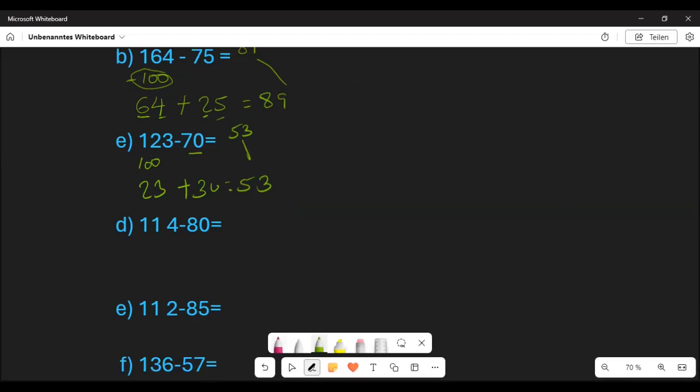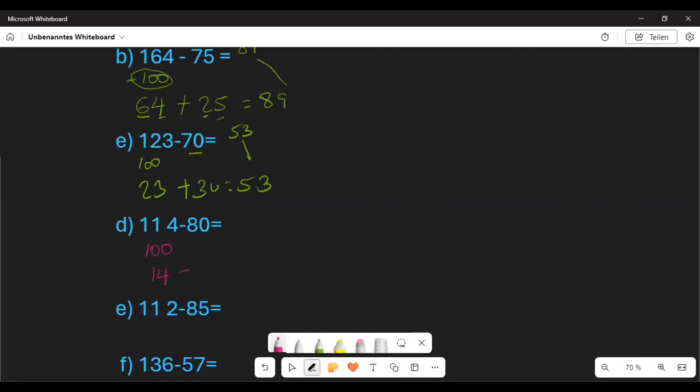Again, using a reference number is making work easier here. What do we have here? We have 114, so our reference number is 100. We check the difference between 114 and 100, which is 14.